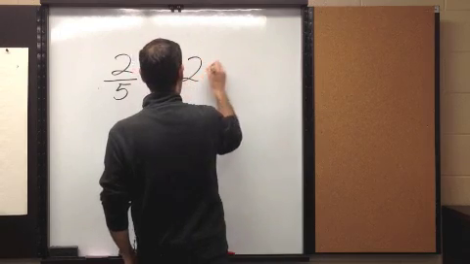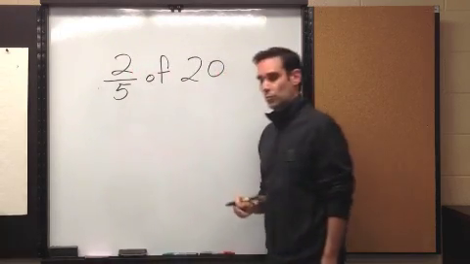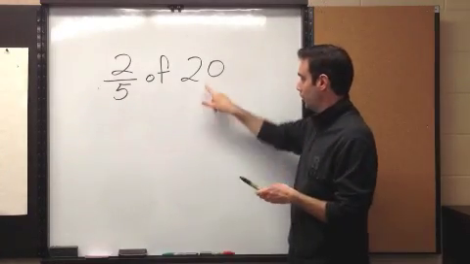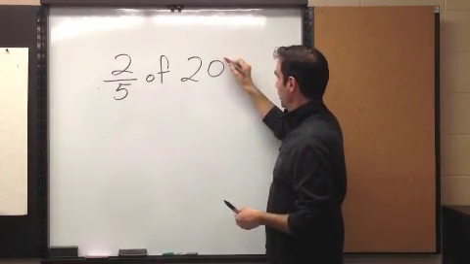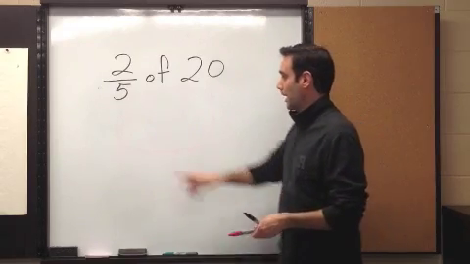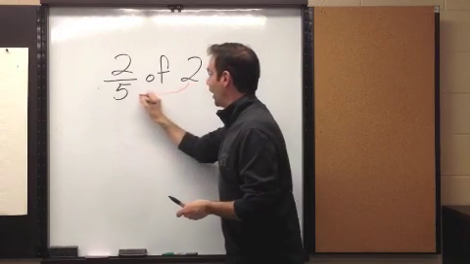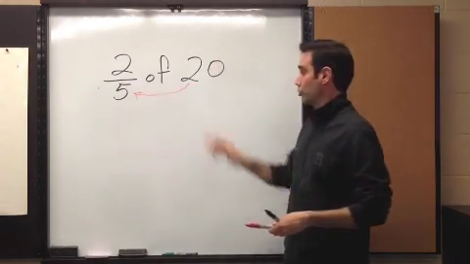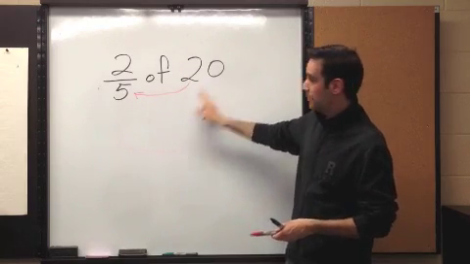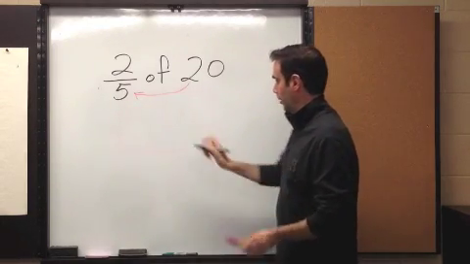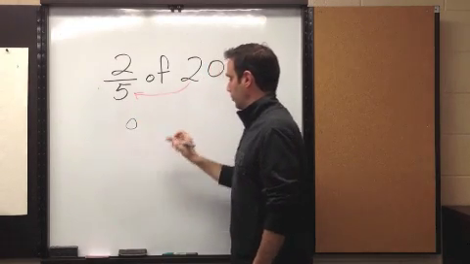So, if I'm allowed 2/5 of 20. Alright, I have 20 cookies. Here's my cookies. I want to make how many groups? I want to make 5 groups. So 20 cookies in 5 groups. There's 1 group of cookies.